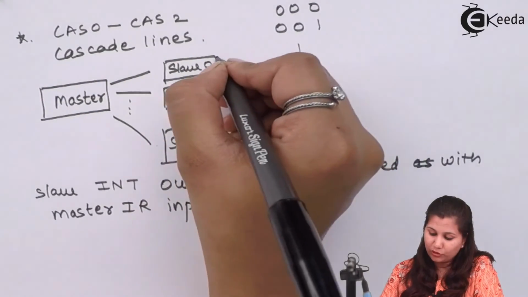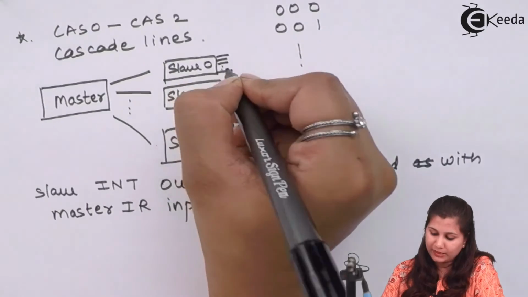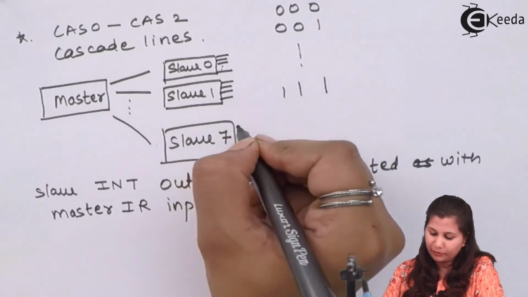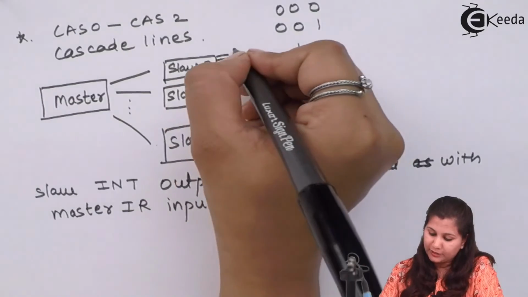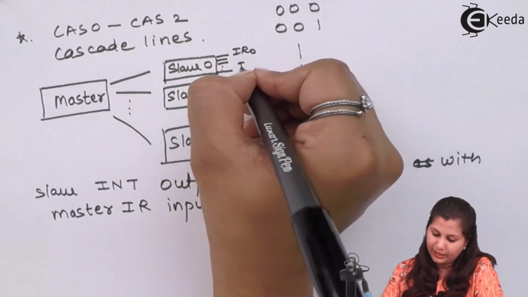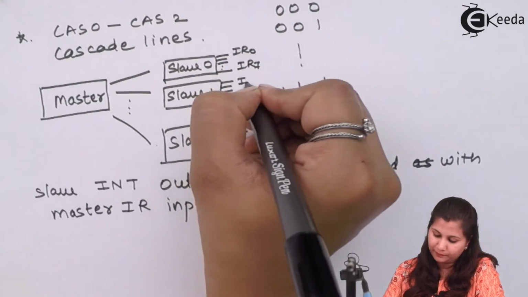So this slave will also have 8 interrupt requests, this will also have 8 interrupt requests, and this will also have 8 interrupt requests, that is from IR0 to IR7.